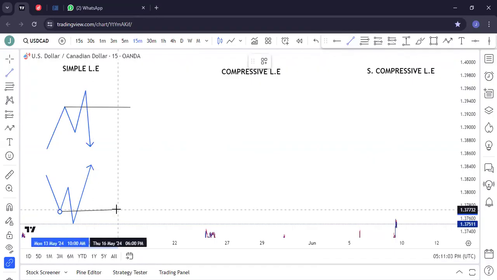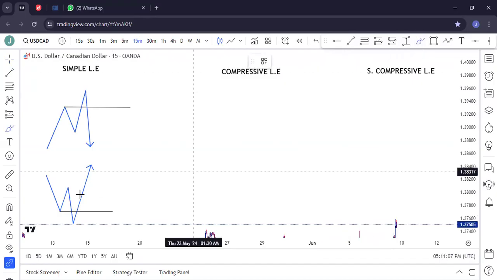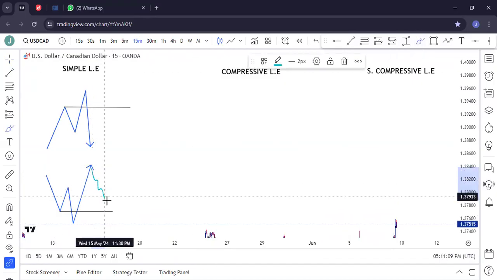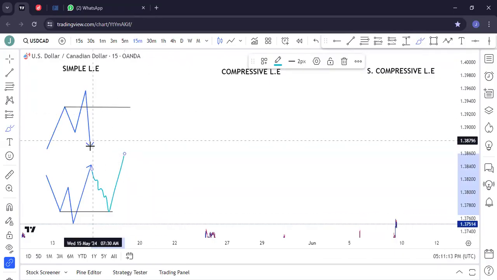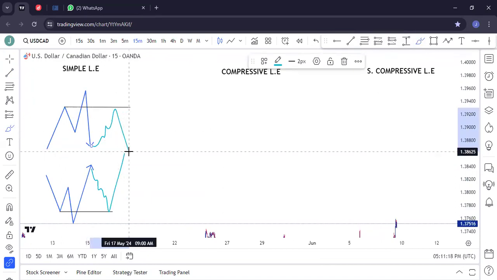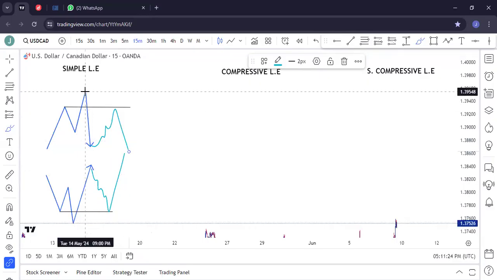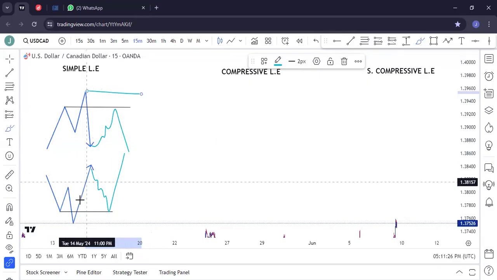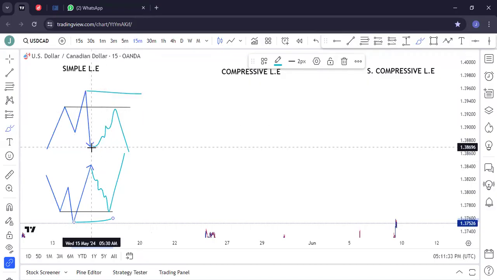At this point here is where we take our entries, where the market will come and sell in the bullish, where the market comes here at this point and sells. And the stop loss we always put at this point, where we call it the decline point. You understand this?